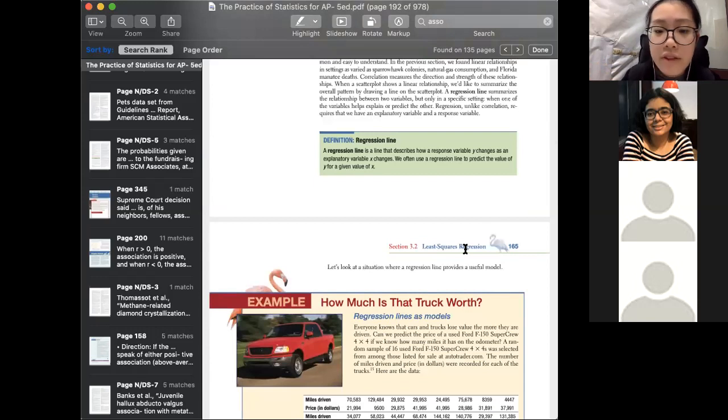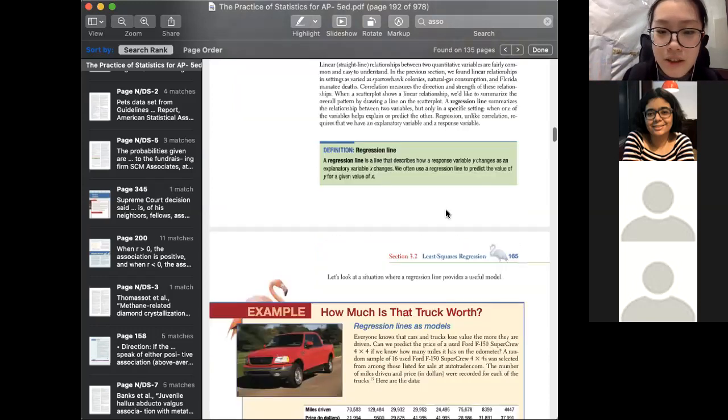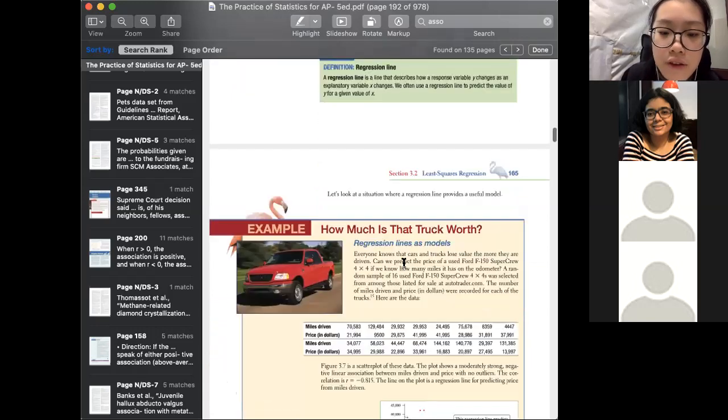If we have time today, we're going to go over polynomial regression plots, or machine learning plots. A regression line is a line that describes how a response variable y changes as an explanatory variable x changes. We often use a regression line to predict the value of y for a value of x.